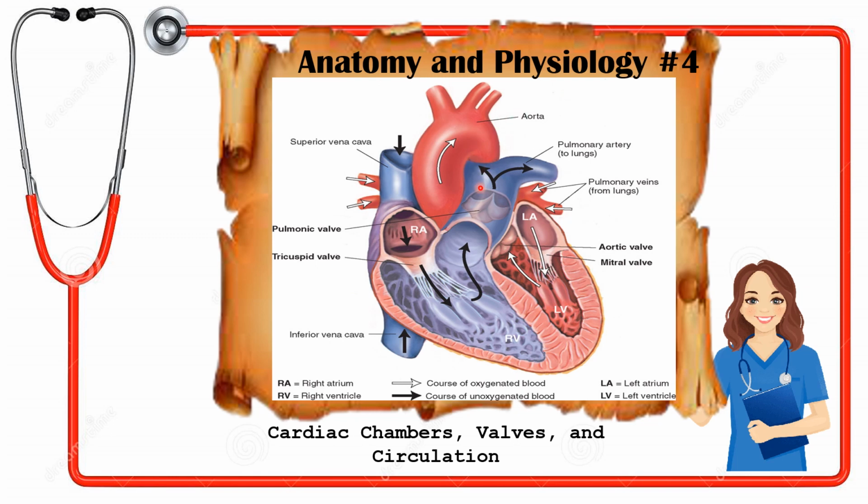Because of their positions, the tricuspid valve and the mitral valve are often called atrioventricular valves. The aortic and the pulmonary valves are called semilunar valves because each of their leaflets is shaped like a half moon.